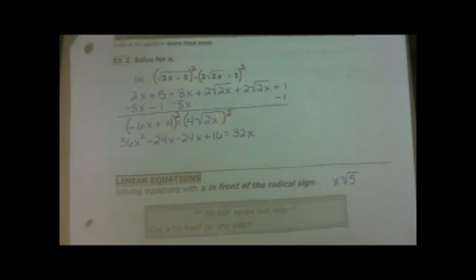All right, now notice I have an x squared term. I've got to use that skill I learned in Algebra 1 and get everything on one side of my equation so I have 0 on the other. So I'm going to subtract 32x on both sides.